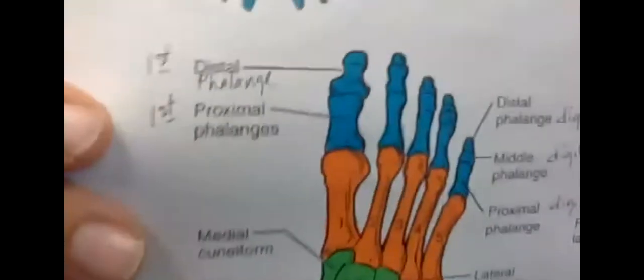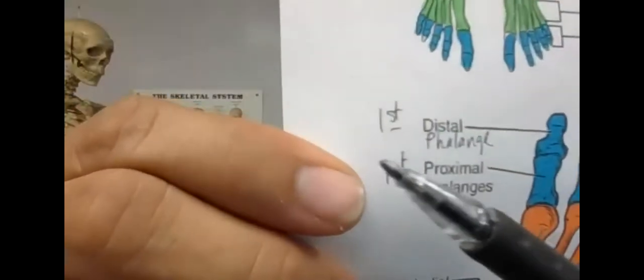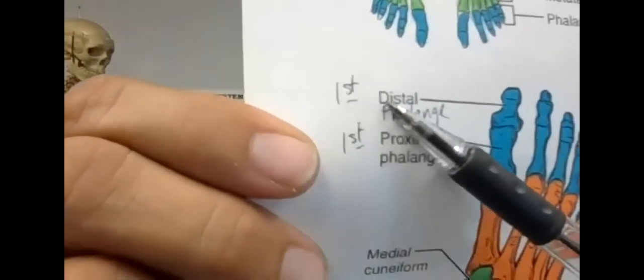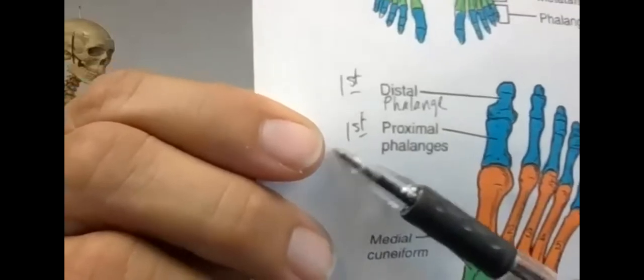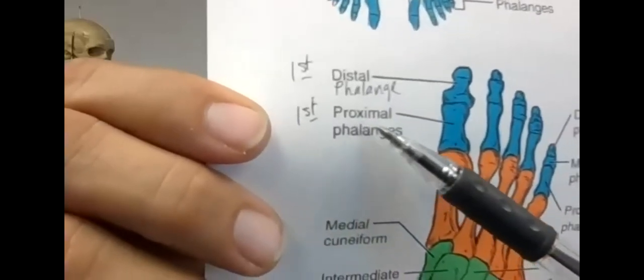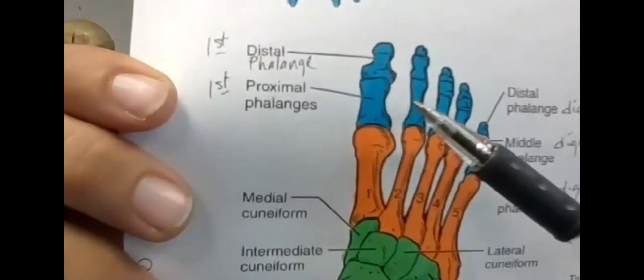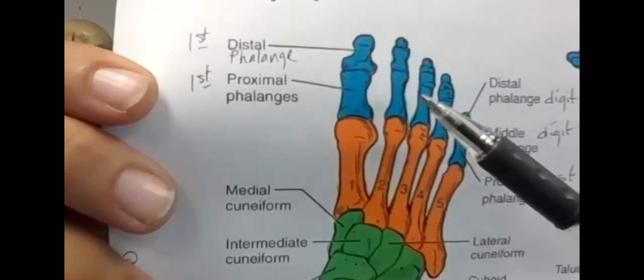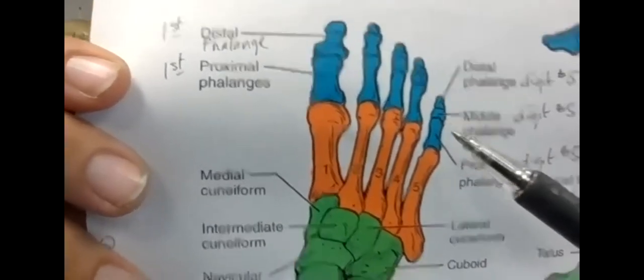So again, this is identified as first distal phalange, first proximal phalange. Now we get to digits number 2, 3, 4, and 5.